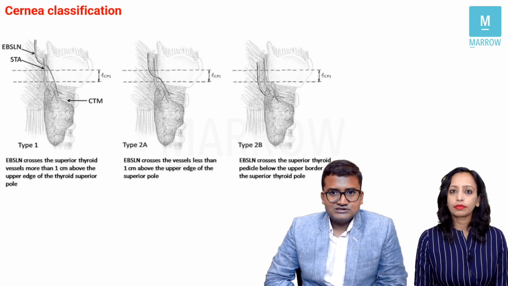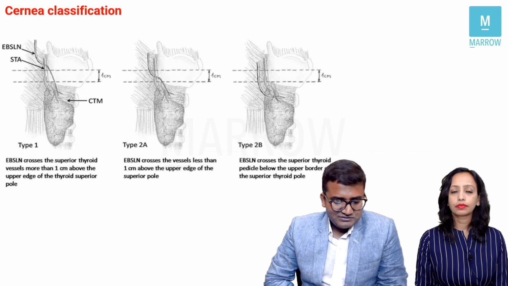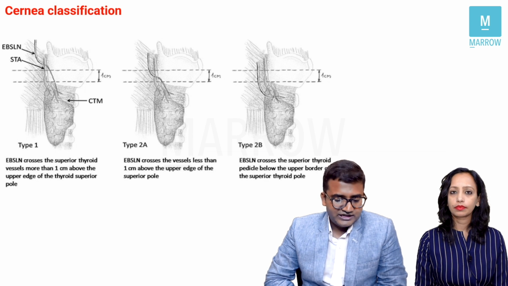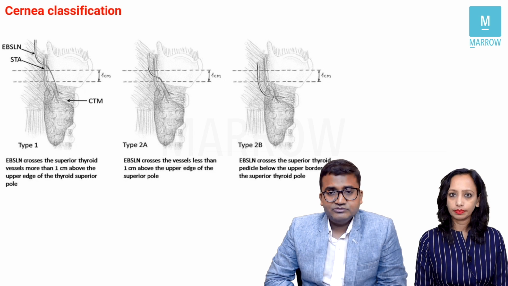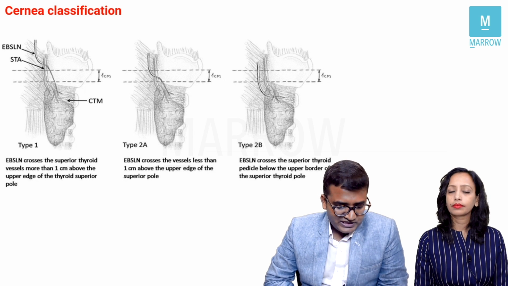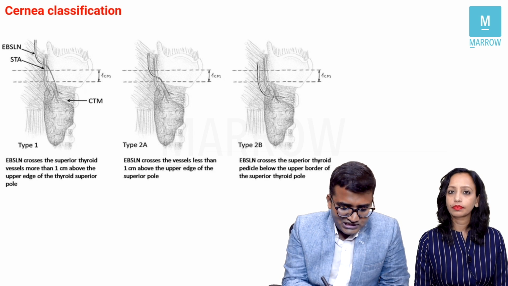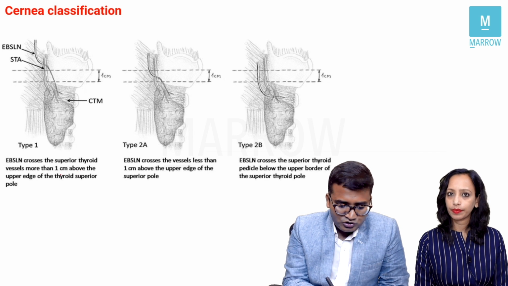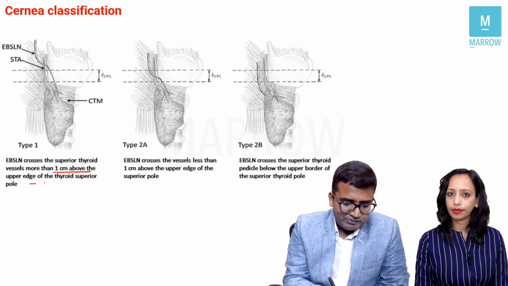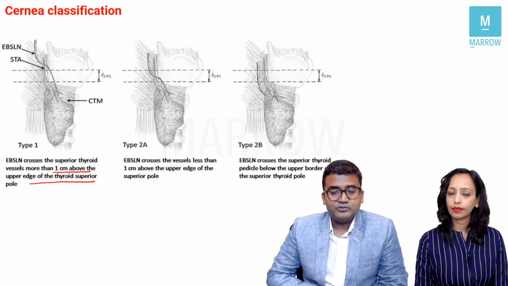So now see this diagram. This diagram is showing the various relationships of the external laryngeal nerve with the superior thyroid artery. This classification is called the Cernea classification. In type 1, the external laryngeal nerve crosses the superior thyroid vessels more than 1 centimeter above the upper edge of the superior thyroid pole.